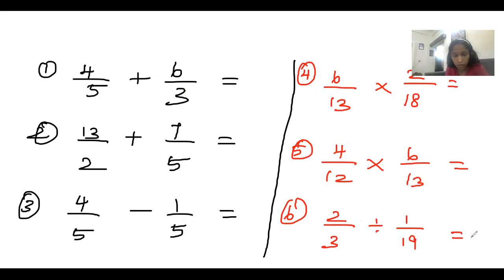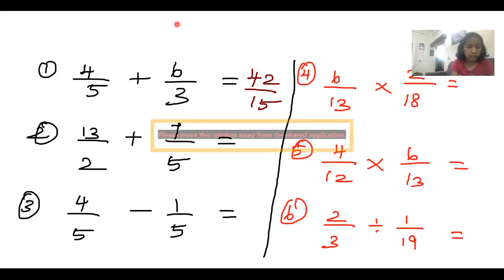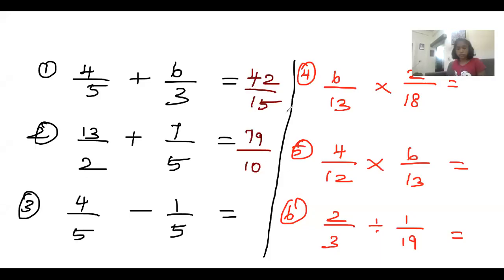These 6 questions. The first answer is 42 by 50. Second answer, 79 upon.